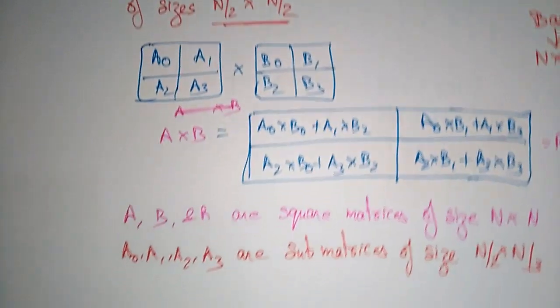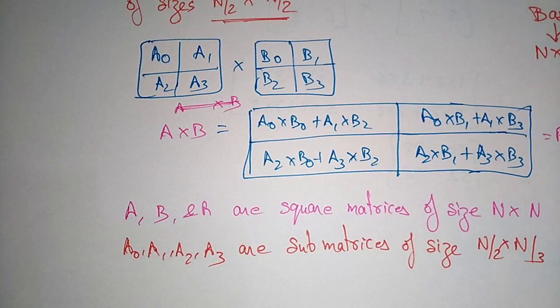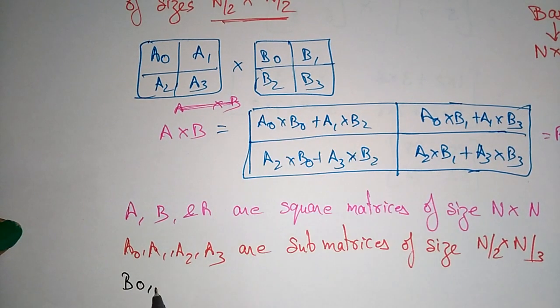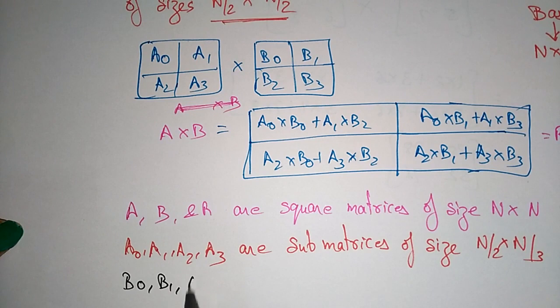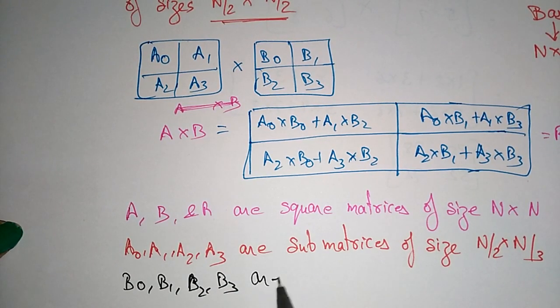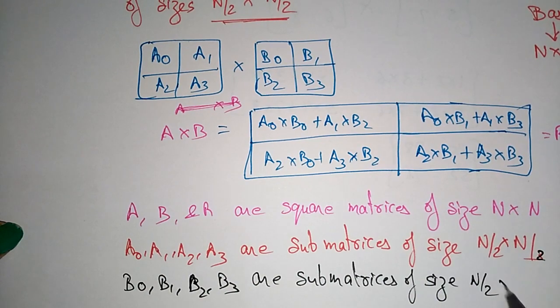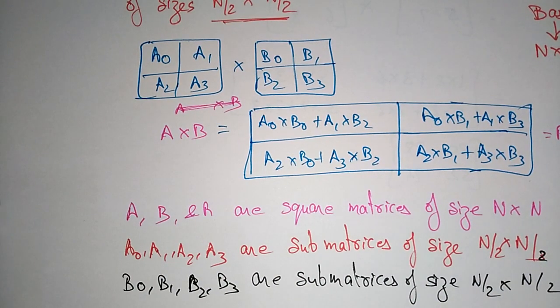In the same way B0, B1, B2, B3 are sub-matrices of size n by 2 cross n by 2.